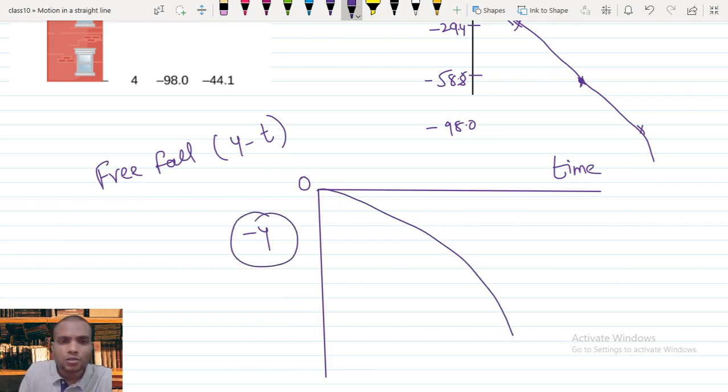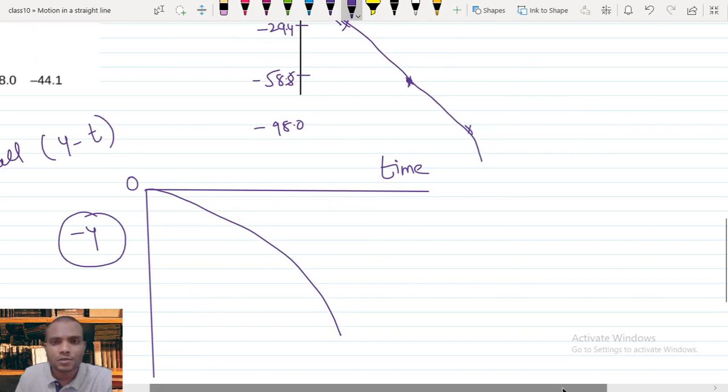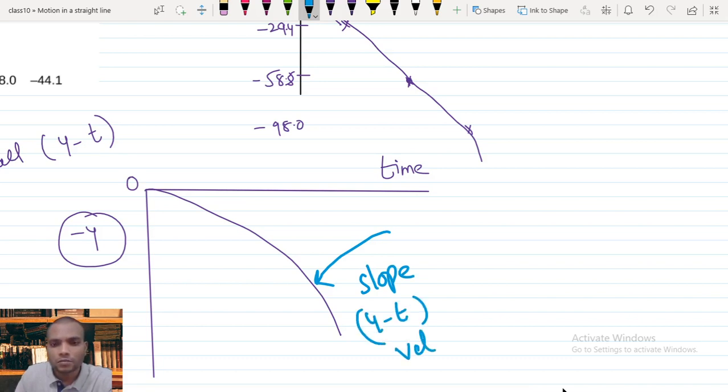So the negative sign shows that an object is falling downwards. The displacement is negative. If this is the position versus time graph, what about the velocity versus time graph? We know that the slope of the position versus time curve gives velocity.